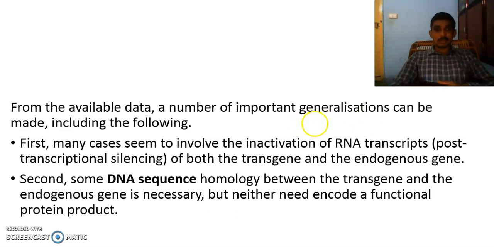And the second way of thought is that in order to suppress both endogene and transgene, there must be a minimum similarity or homology between the transgene and endogene. Even though their function is the same, they need not a functional similarity, they need a homology or a structural similarity between transgene and endogene. Only then will the process of co-suppression occur.